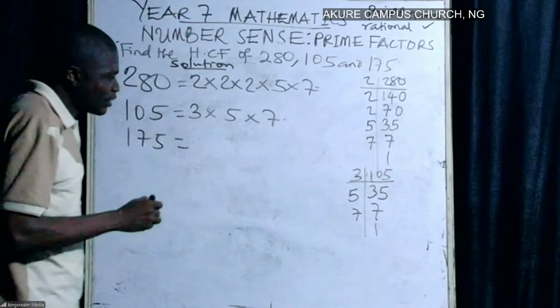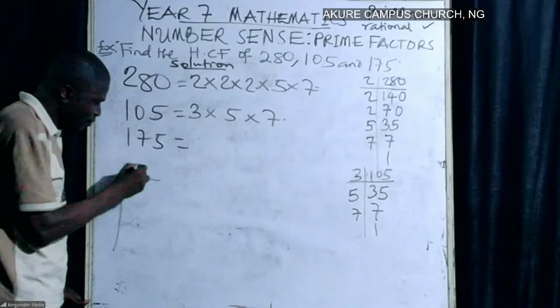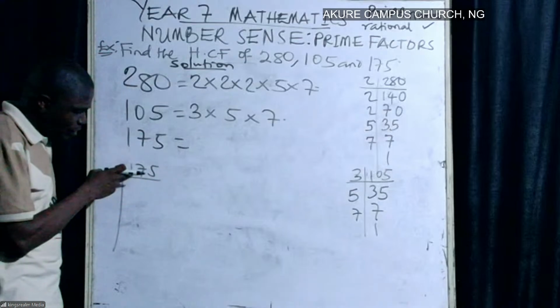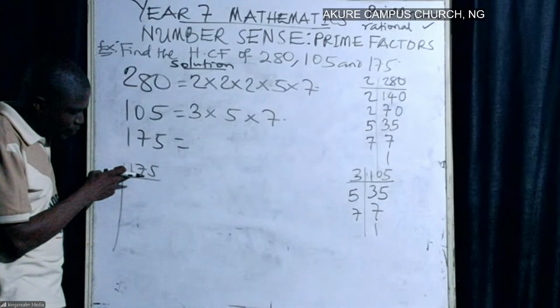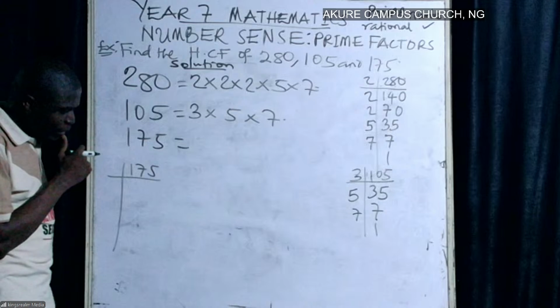Then for 175, let's try for 175. 2 cannot go. Can 3 go? 3 cannot also go.